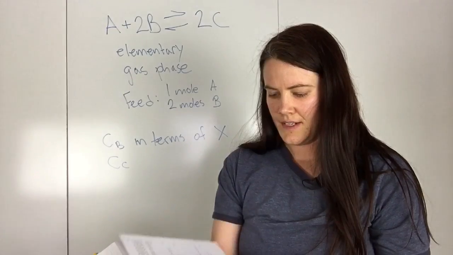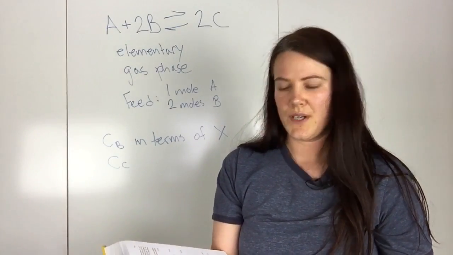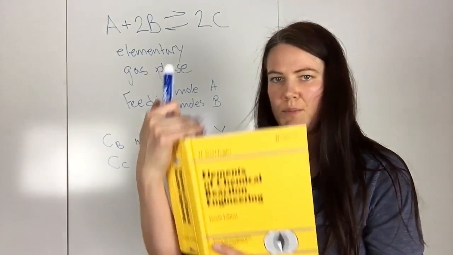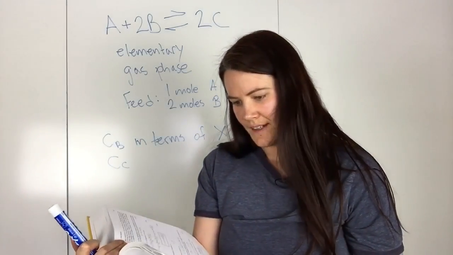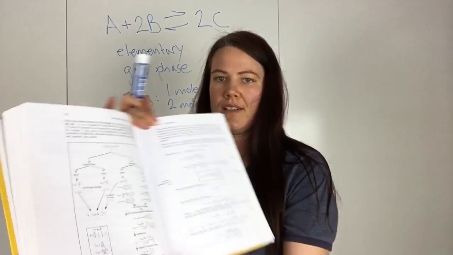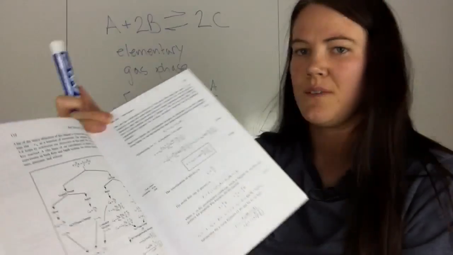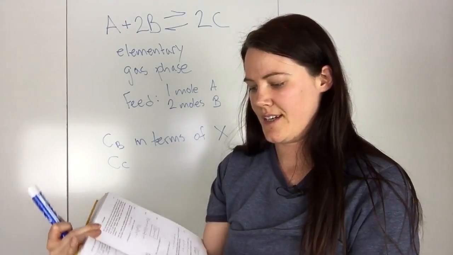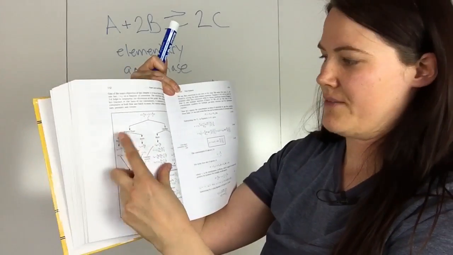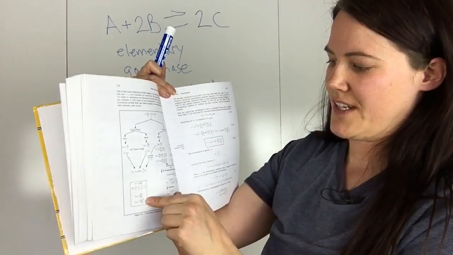One chart that I found pretty useful in this book, Elements of Chemical Reaction Engineering by Fogler, is on page 112. It has a reaction, and then if you have a liquid phase, you look down one column.